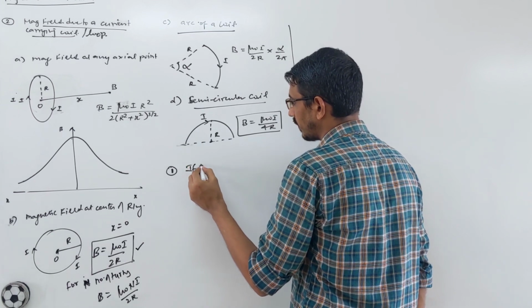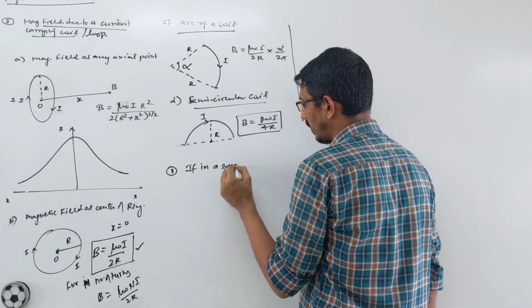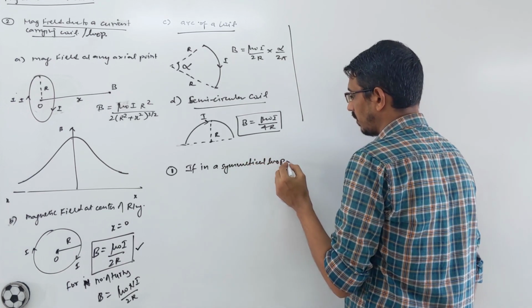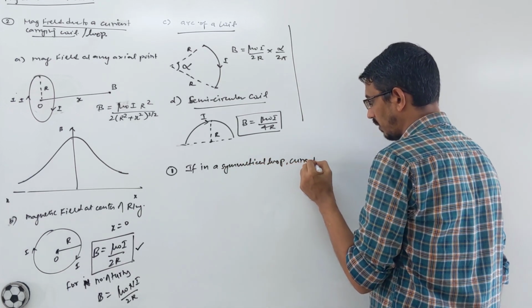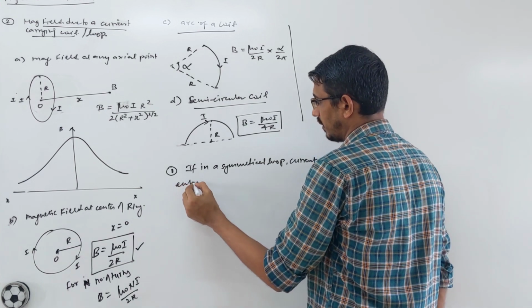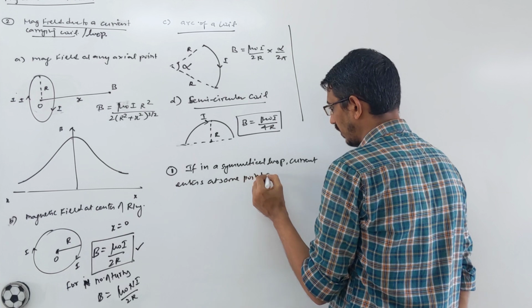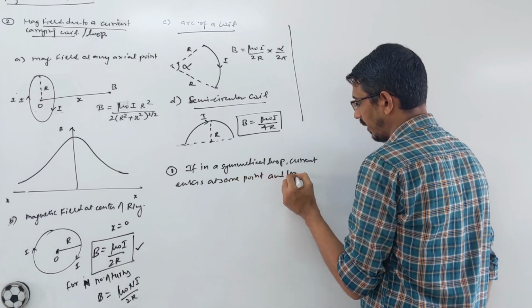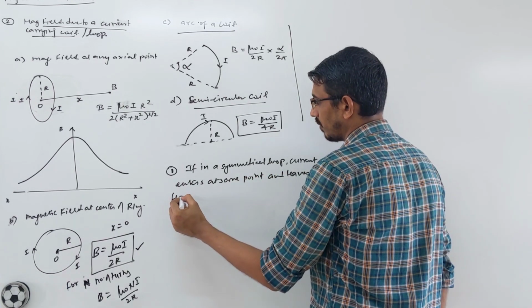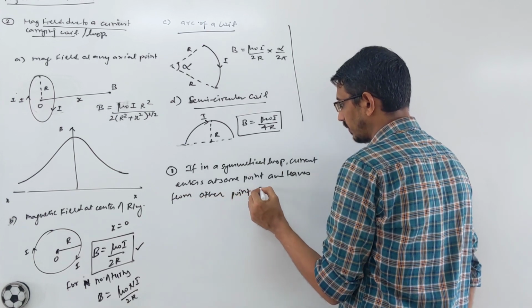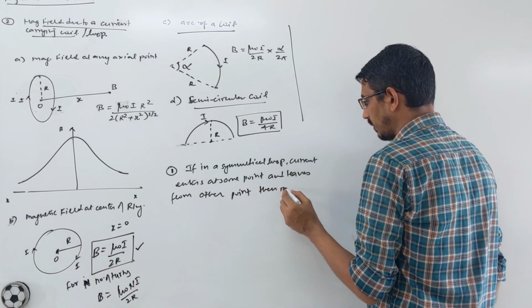If in a symmetrical loop current enters at some point and leaves from another point, then what will happen?